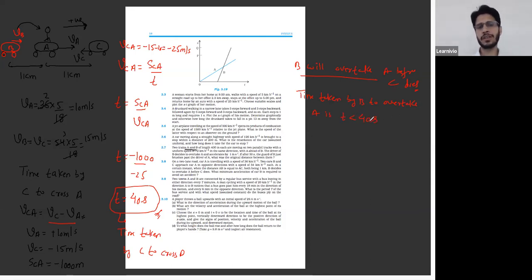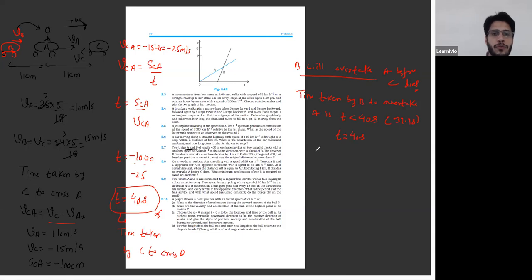So less than 40 seconds means even 39.99 is enough. So I'm assuming it to be 40 seconds. Just less than 40 seconds means even in 39.99 seconds it can overtake. So I'm just assuming it's almost 40 seconds. Okay. Now let's start with the sign convention.